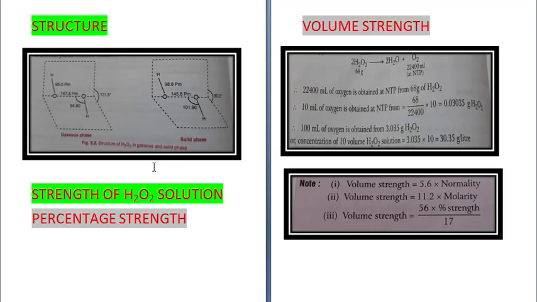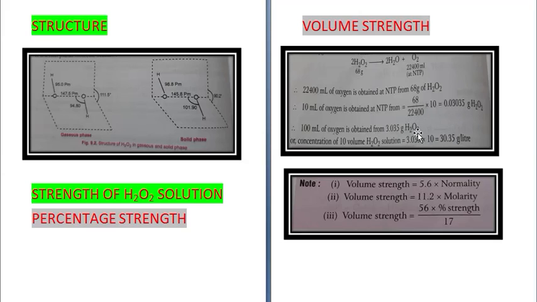So 22400 ml of oxygen is obtained at NTP from 68 gram of H2O2. 10 ml of oxygen will be obtained from unitary method. You can do it, 68 upon 22400 into 10. That comes to 0.03035 grams of H2O2. And for 100 ml of oxygen, you multiply it by 100, you get 3.035 gram of H2O2.